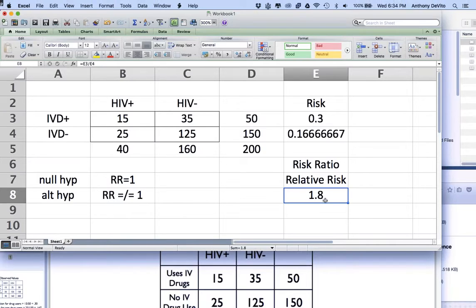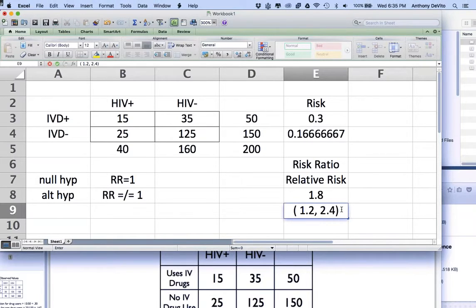Now, if I calculated a confidence interval for the relative risk, what would I want that confidence interval not to include? We don't want that confidence interval to include the number 1 because we want to prove that it's different than 1. So if our confidence interval for the relative risk is 1.2 to 2.4, we're 95% sure that the true relative risk is between 1.2 and 2.4.